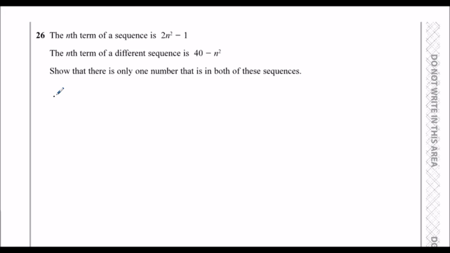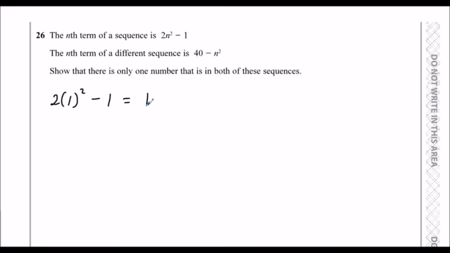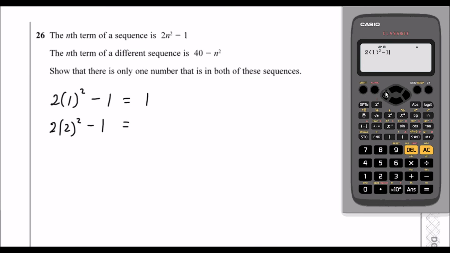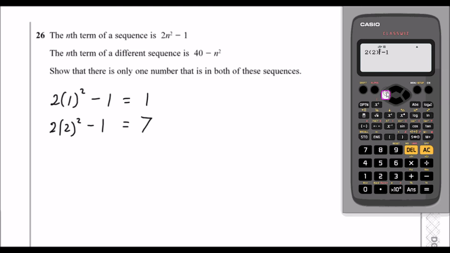To find the first term, we substitute in 1. So 2 times 1 squared, take away 1, and that's 1. For the second term, I'm going to substitute in 2, and that gives me 7. For the third term, I'm substituting in 3, which is 17.